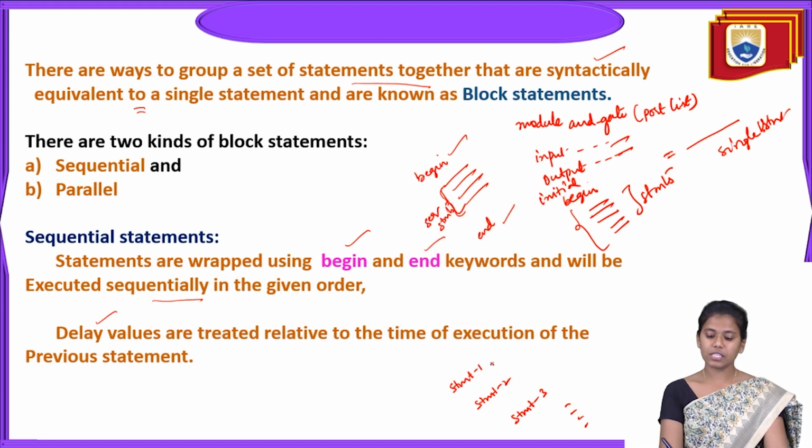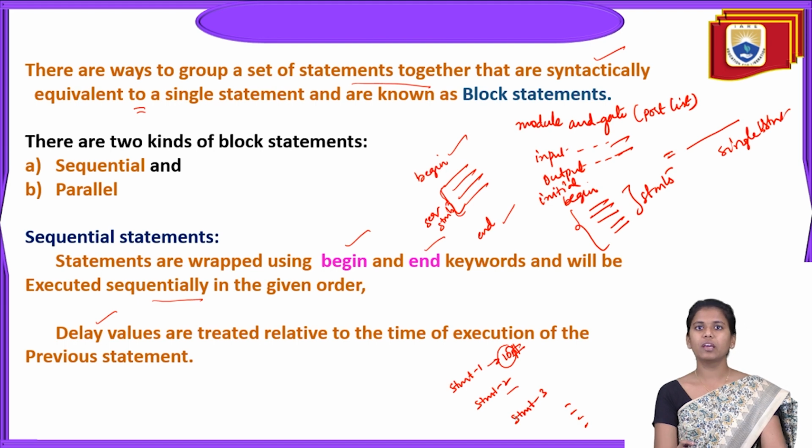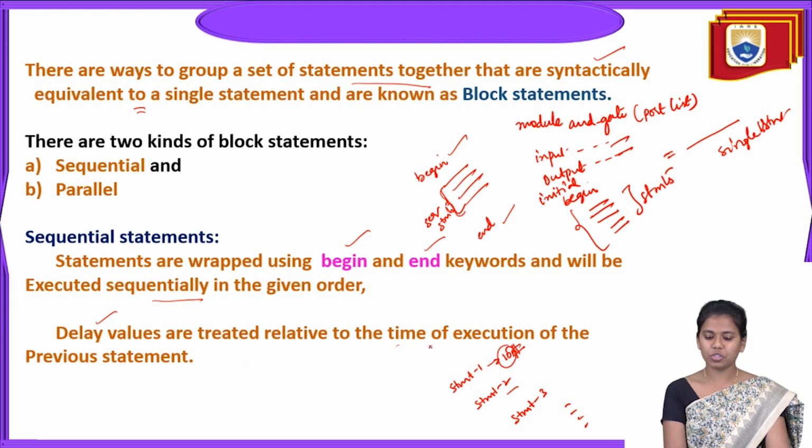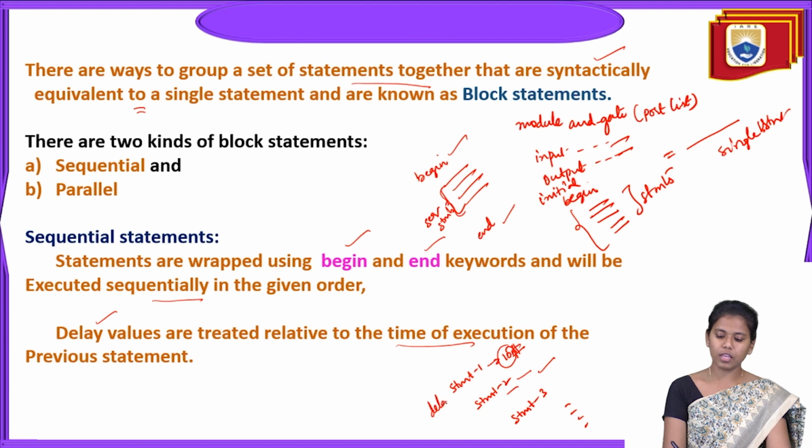If statement 1 is executed with a delay of 10 nanoseconds, then based on that delay time, statement 2 goes for execution. That's how delay values are treated relative to the time of execution of the previous statement. So if you want to execute statement 2, the delay depends upon the previous statement 1.